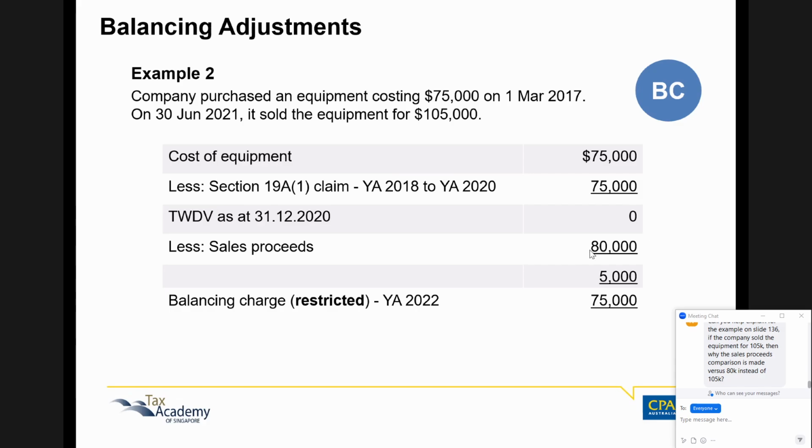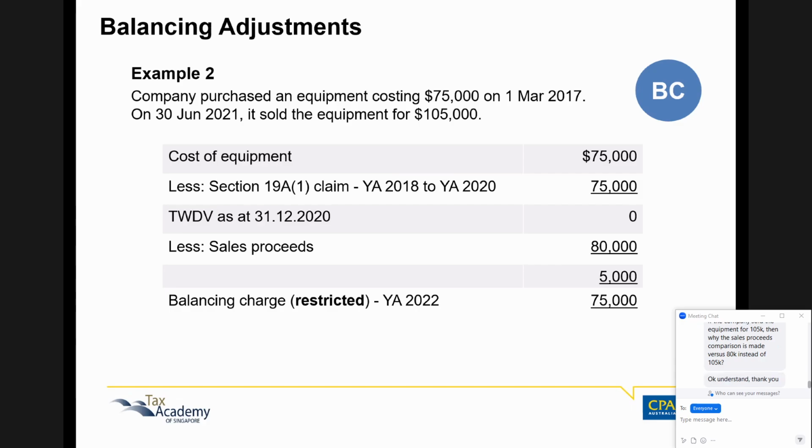The sales proceeds should be 105K. Okay. I think when we changed the question, or changed the answer, we forgot to change the other part.